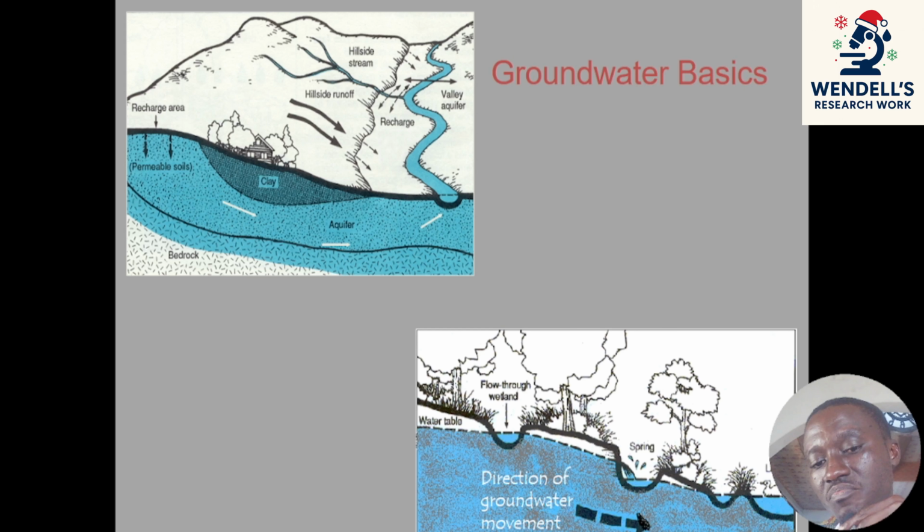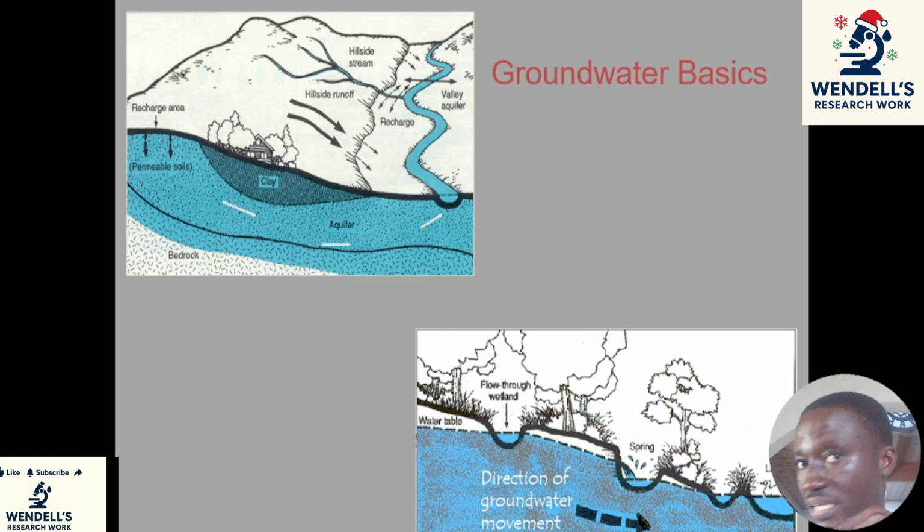And these are where we can have wetlands, we can have springs, we can have lakes, water bodies and all that. We have plants and all that. So normally the direction of flow takes the shape of the surface, but it is not always the case. It can be the rivers, depending on the kind of geology. All this depends on the kind of geology that we have in that particular area.